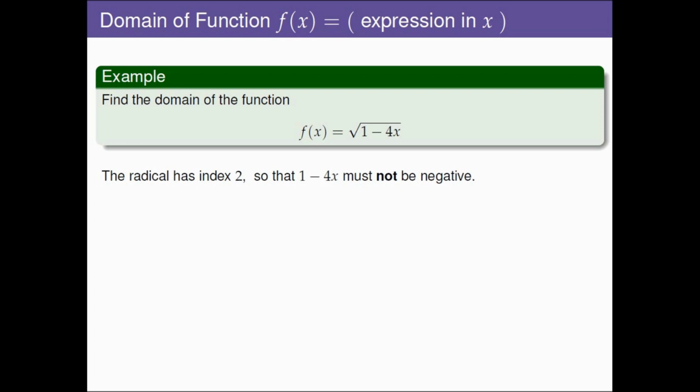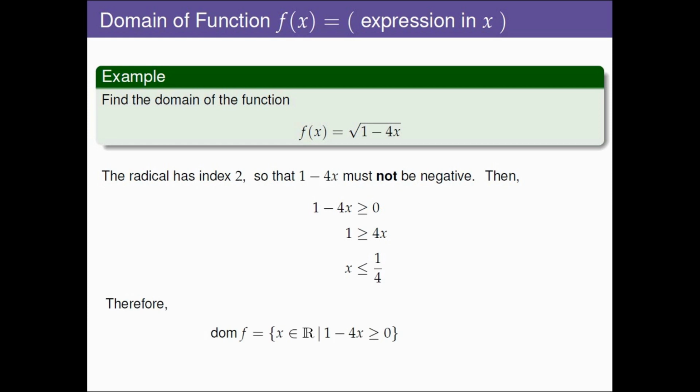So that 1 minus 4x is greater than or equal to 0. Adding 4x to both sides, we get 1 is greater than or equal to 4x. Dividing both sides by 4, we get 1/4 is greater than or equal to x, since 4 is positive. Or, x is less than or equal to 1/4.